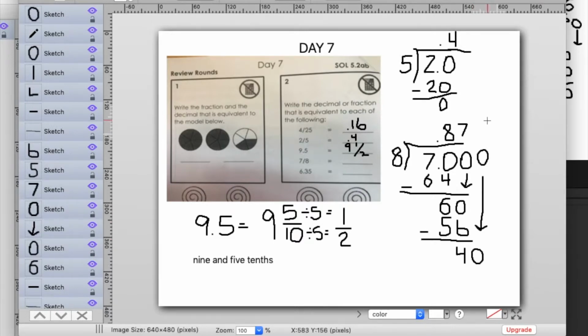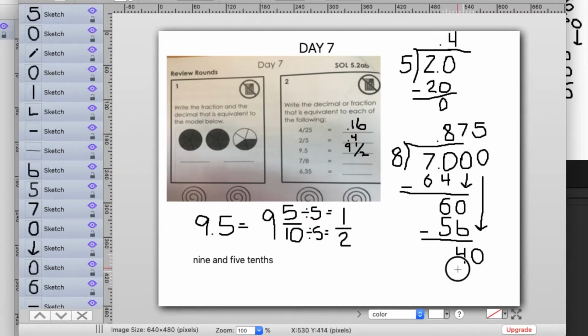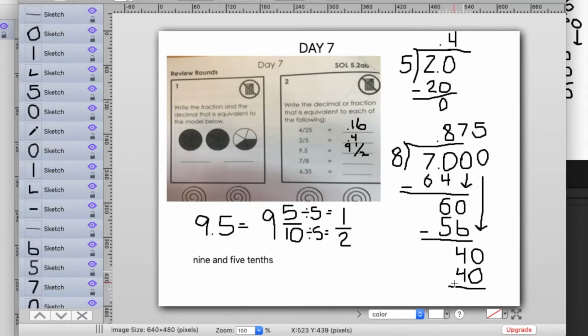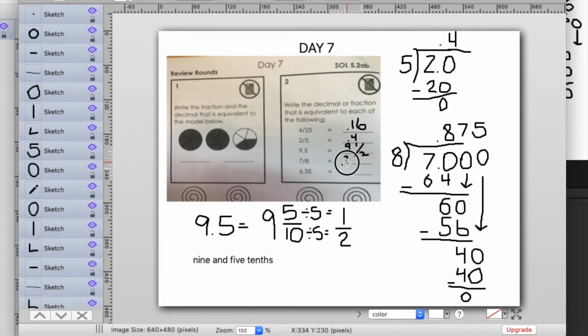And I do it by going 5 times. 5 times 8 is 40, which means now when I subtract 40 minus 40, I get 0. So I know I am done. So my decimal equivalent of 7/8 is 0.875.